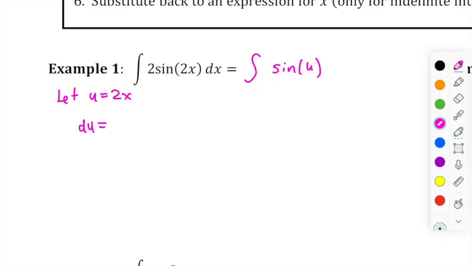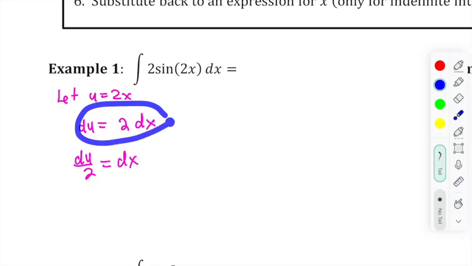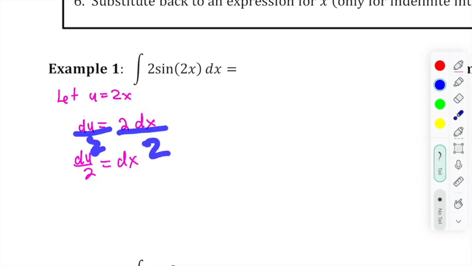So we have du equals 2 dx. So step 3 is to solve for dx. And so if we divide by 2 on each side, we get that dx is du over 2. So again, with this expression, you divide by 2 on each side, you'll get dx by itself.